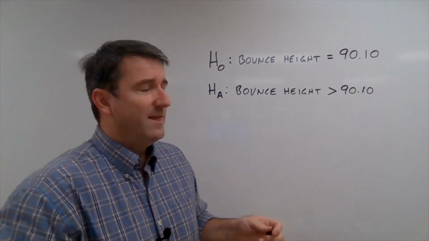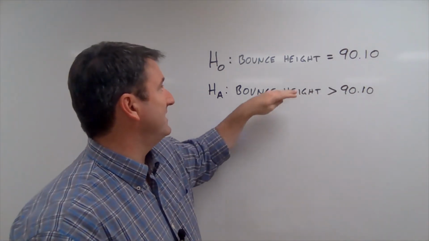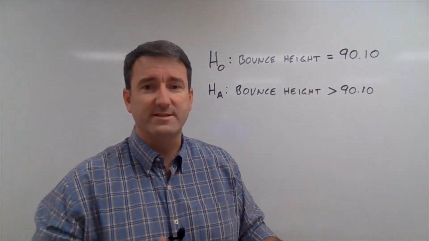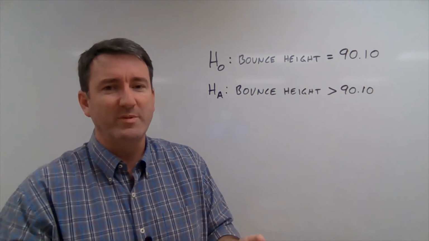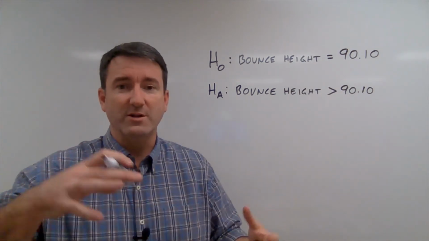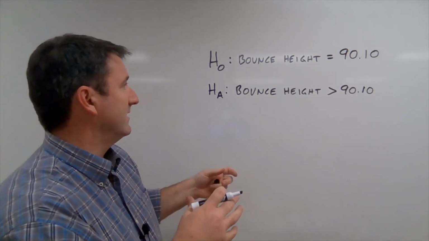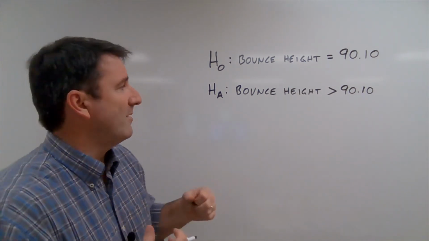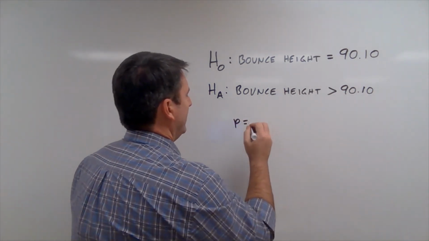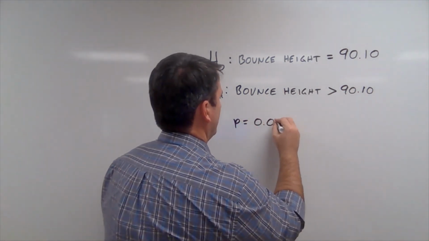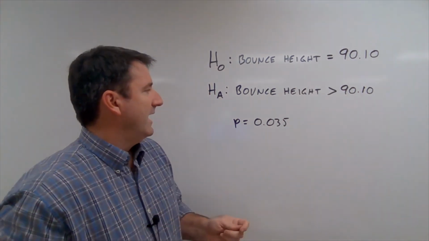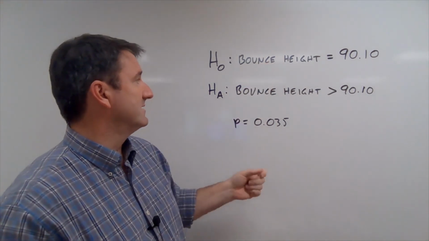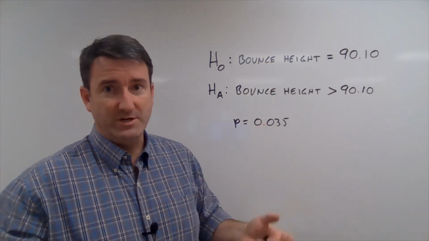And we're told that if the null is true, that the bounce height is 90.10, then the probability of getting the results that we observed, a bounce height of 92.67 inches, is equal to 0.035. And so we want to know whether we're going to reject the null hypothesis or not reject it.